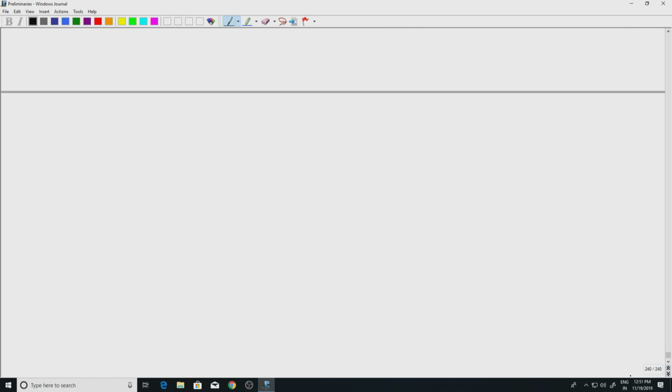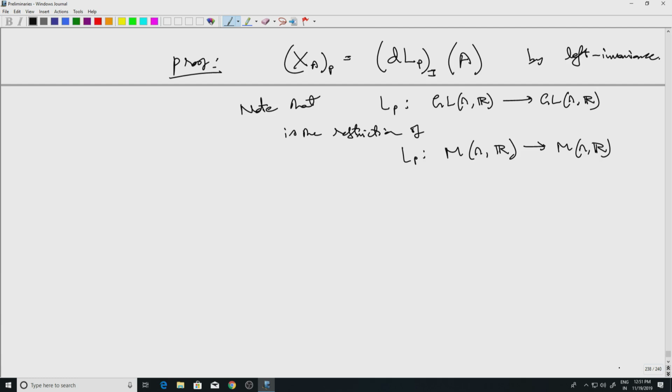The point of regarding it as a map on a bigger space is that this L_P on M_n(R) is a linear map.